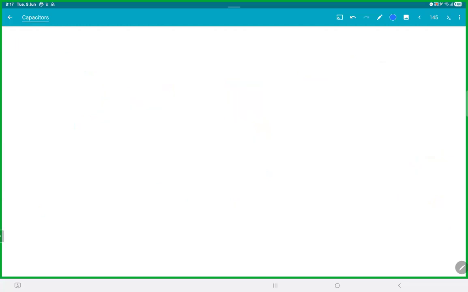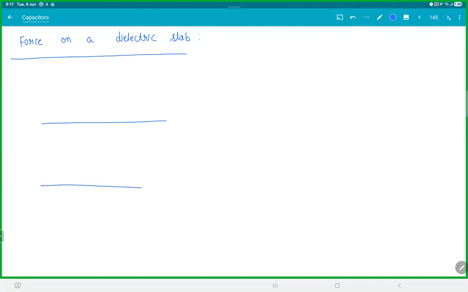The last part that we have is the force on a dielectric slab. So let me show you how this works and then we'll go ahead. Force on a dielectric slab. So what exactly happens? Let's say you take a dielectric slab and introduce it near the plates.